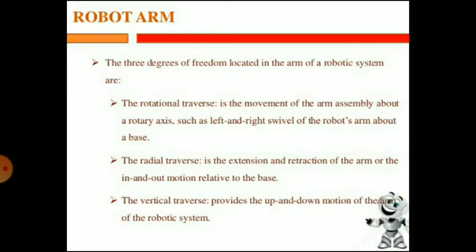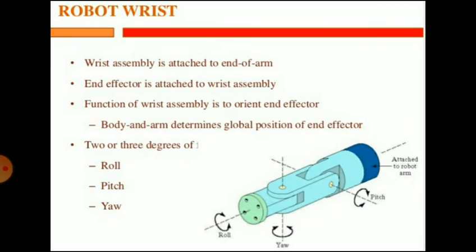So these are the 3 degrees of movement associated with the arm. Then the movements associated with the wrist. The wrist assembly is attached to the end of the arm. You can see the wrist here. The end effector is attached to the wrist assembly. The function of the wrist assembly is to orient the end effector, while the body and arm determine the global position of the end effector.